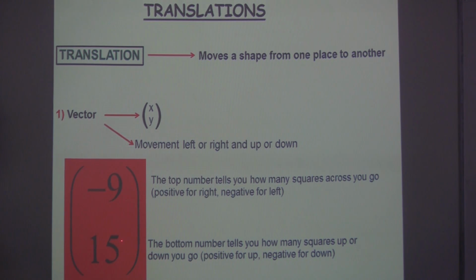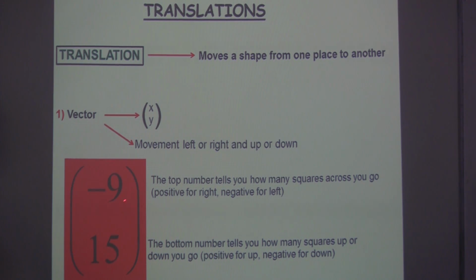Okay, and the number at the bottom tells you whether you're moving up or down. So if you can just relate to axes, so your x and your y axes, so the -9 at the top tells you whether you're moving right or left, and the number at the bottom tells you if you're moving up or down.